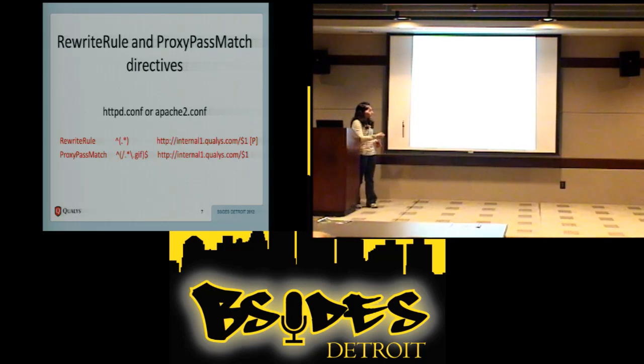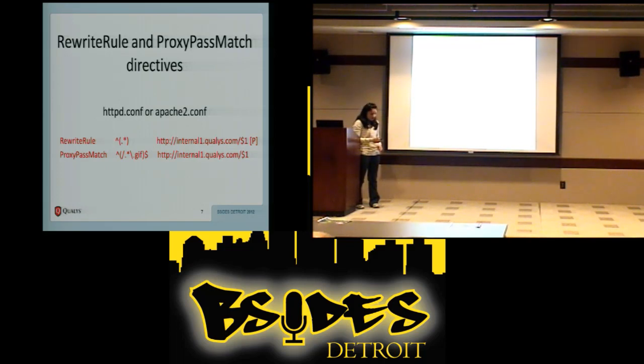The first thing that is there is the directive name. The second thing is the regular expression that is to be matched. So if you remember in the first slide, we saw that any request from app1 would be mapped to internal1.qualys.com. So here is the regular expression that you specify, that whenever requests are coming to a particular web server, how you want them to be rerouted to your internal proxy.